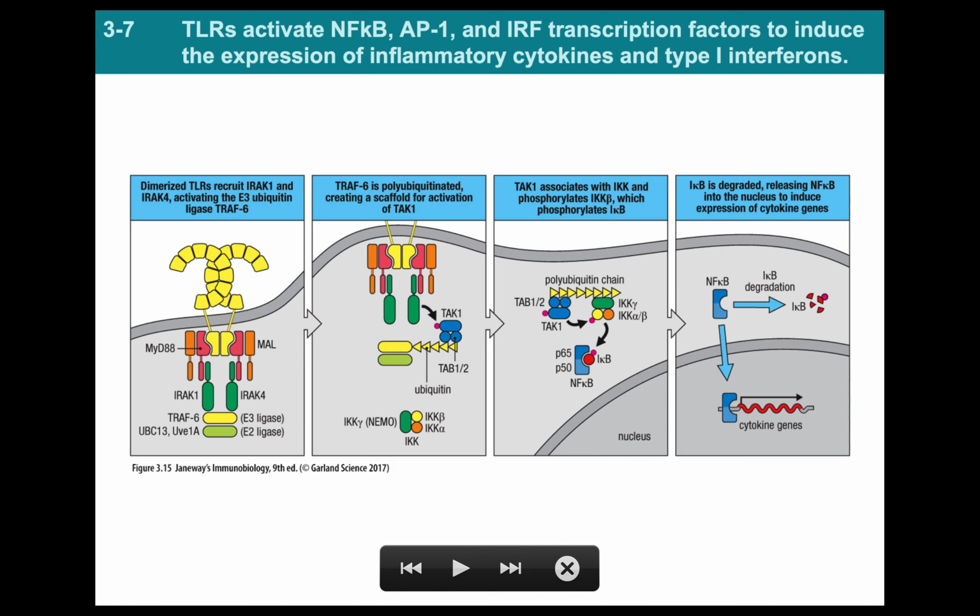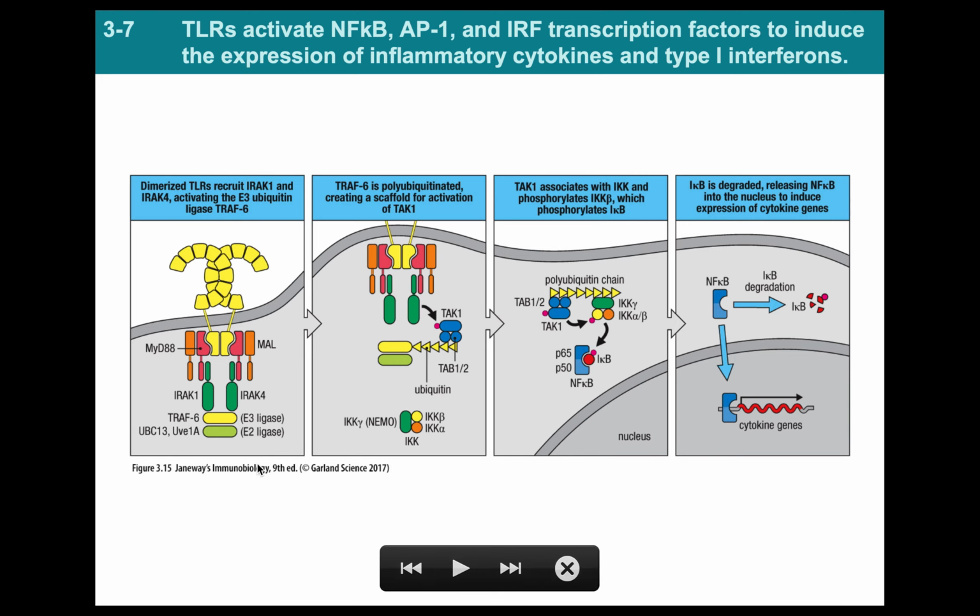And this is how the message is actually going to get passed. There are only a couple of cases where we're actually going to cover the way the message gets passed, but this is one of them. The IRAK proteins are then going to bind to a 3-part system. The 3-part system's job is to bind ubiquitin and make a chain of ubiquitins.